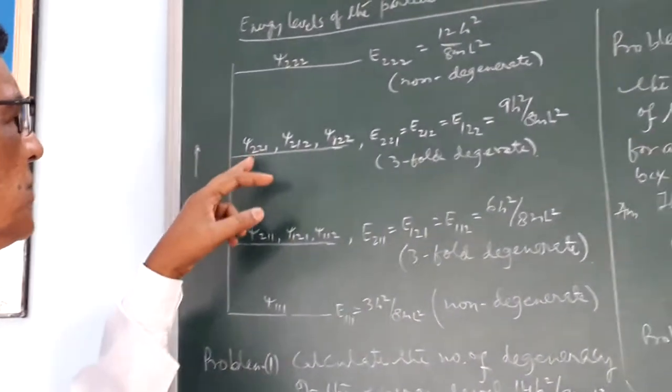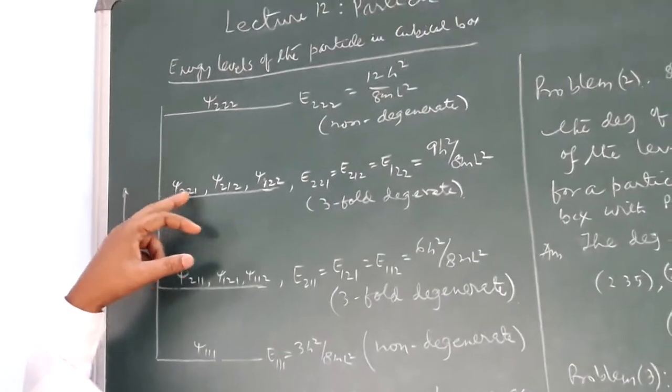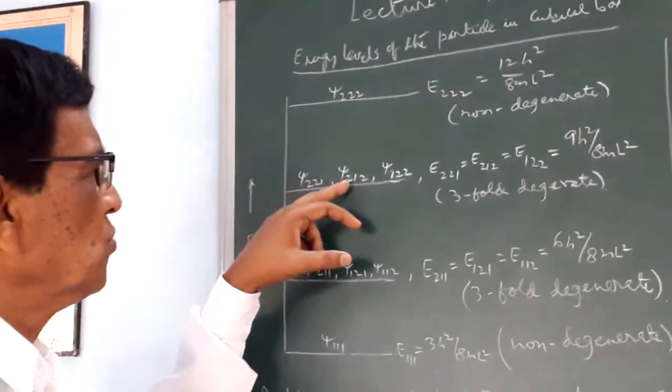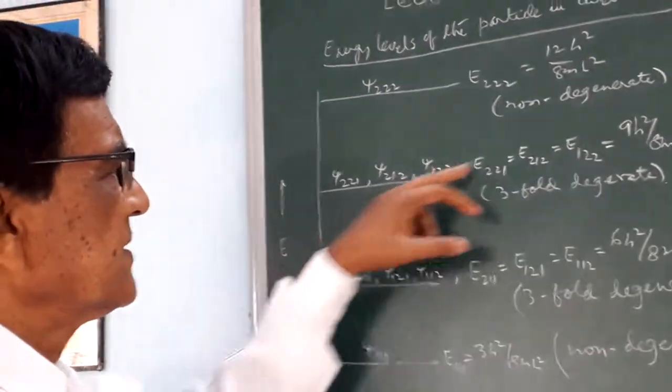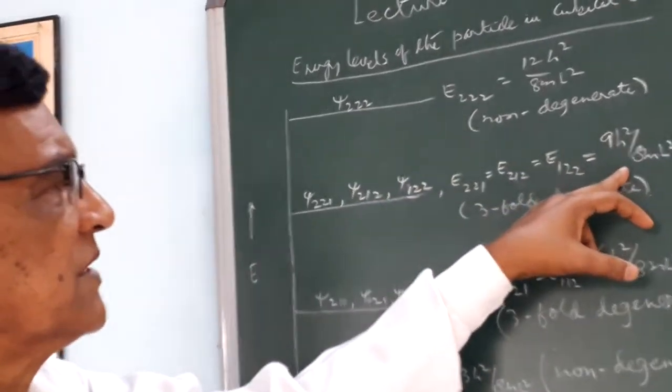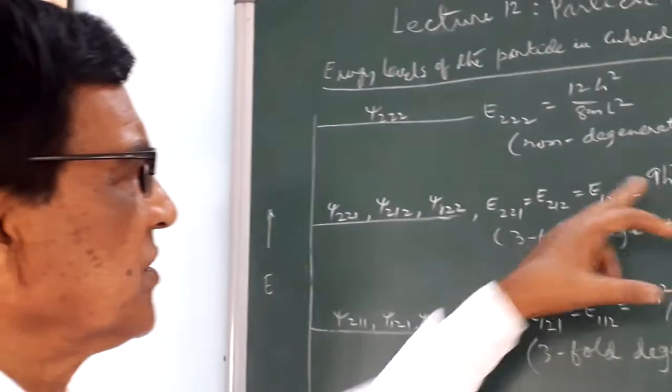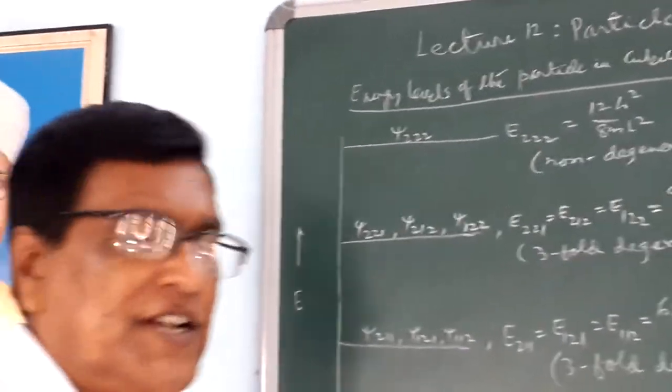Whenever we go to the next one, psi 221, psi 212, psi 122, these are also three wave functions having the same energy value, 9h² divided by 8mL². This is also threefold degenerate.